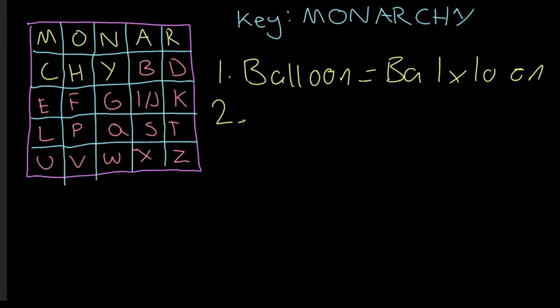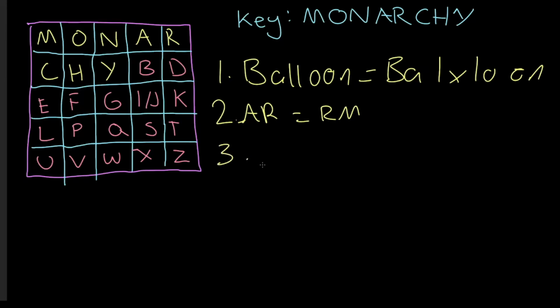The second rule is, let's say we have a digram fall into the same column. So we'll use A and R. A and R actually becomes RM. So A becomes R, and R becomes M. So it just wraps around.